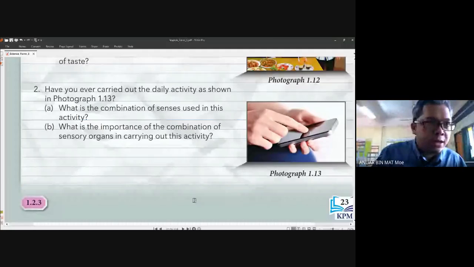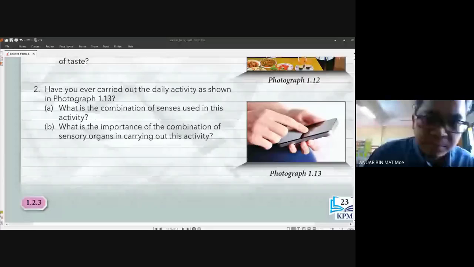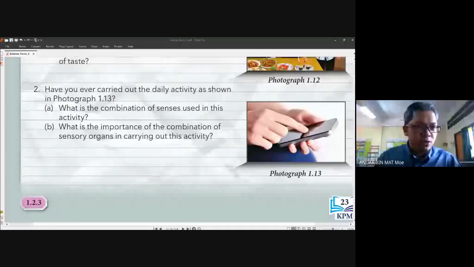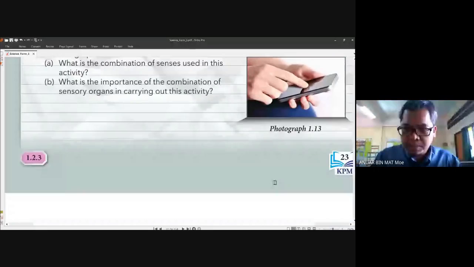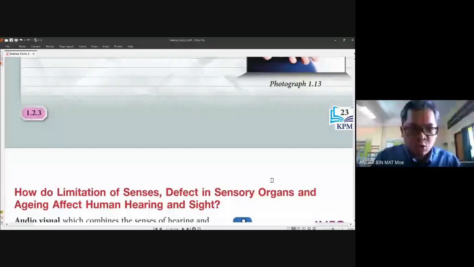Okay, so now is 11:20. Any question to ask? If there is any question, so we stop at page 23. So I continue page 24 next class. When is our next class?